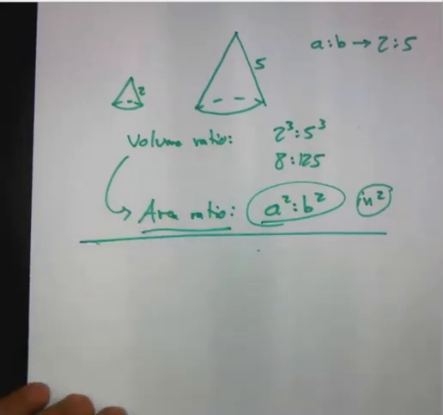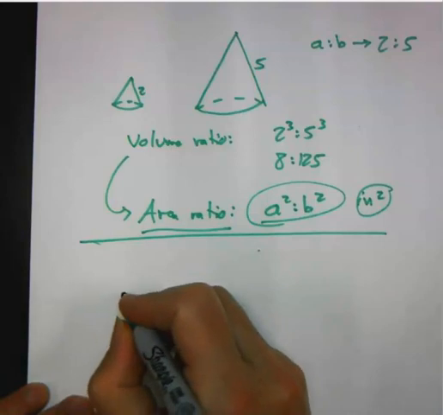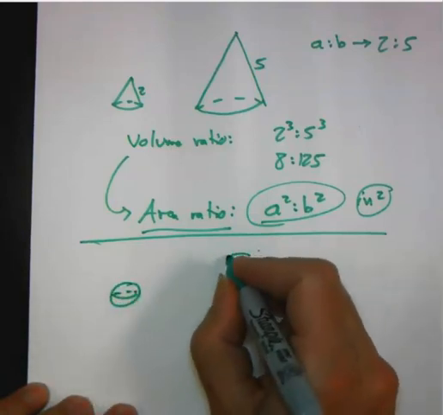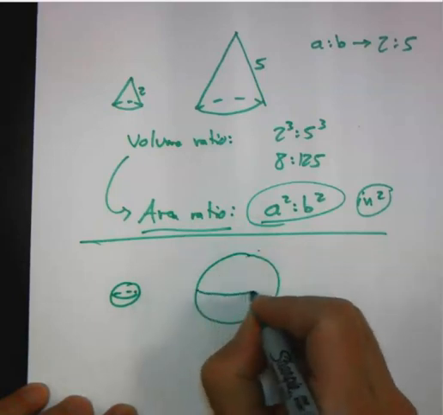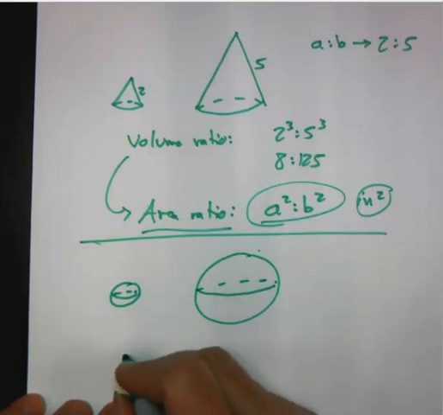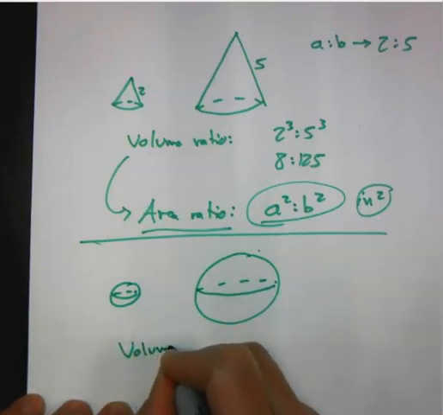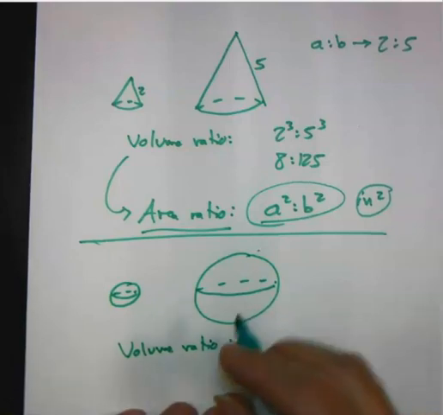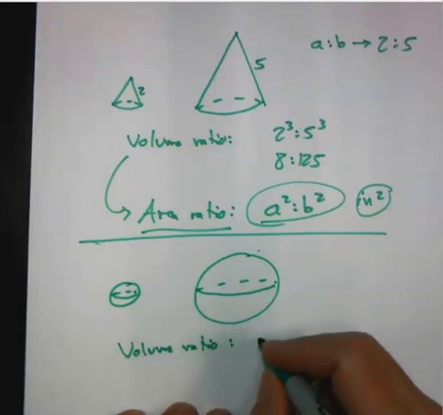Let's say I have 2 spheres. And I'm going to tell you that the volumes, let's say the volume ratio is, let's say it's 27 to 512.